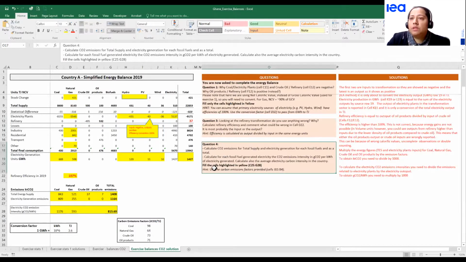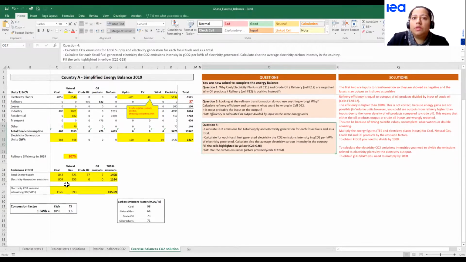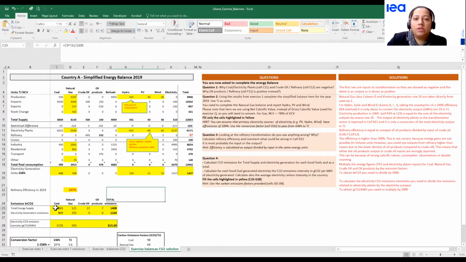So the last question was, calculate the CO2 emissions for total energy supply and electricity generation for each fossil fuel and as a total. So what do we do for total energy supply?